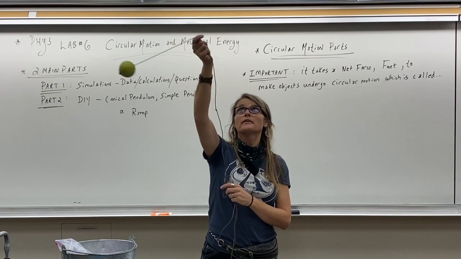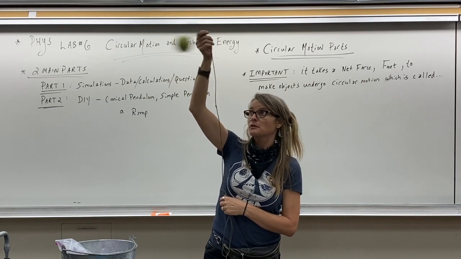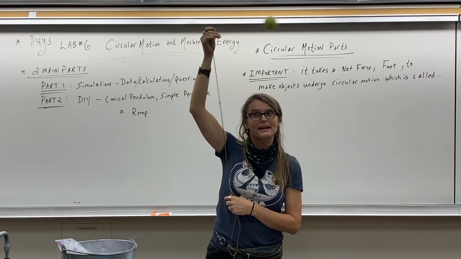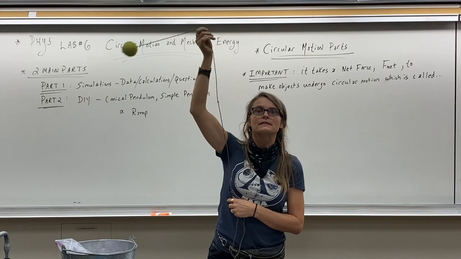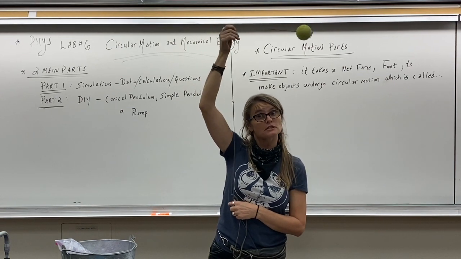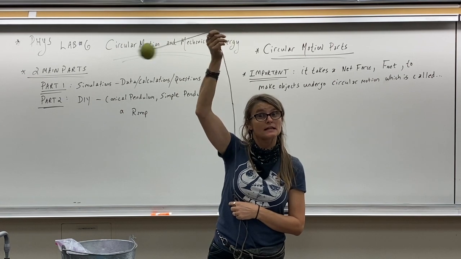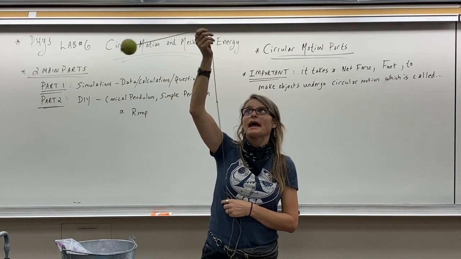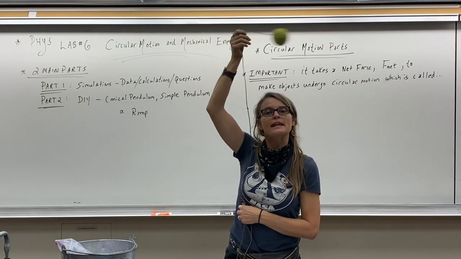Here I have a ball on the end of a string, a very typical example for circular motion. If I could keep it uniform, meaning at constant speed, I could get it to spin at a constant speed. But this ball has acceleration. It's called centripetal acceleration, a center-seeking acceleration, because it's changing direction. That acceleration is proportional to the net force.